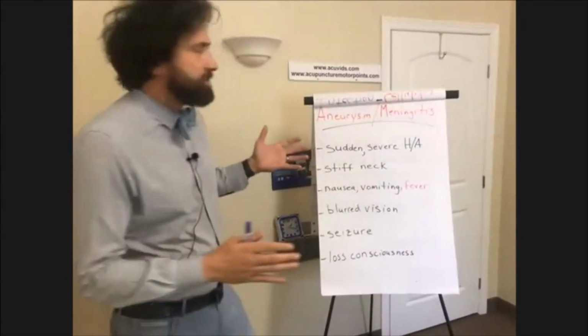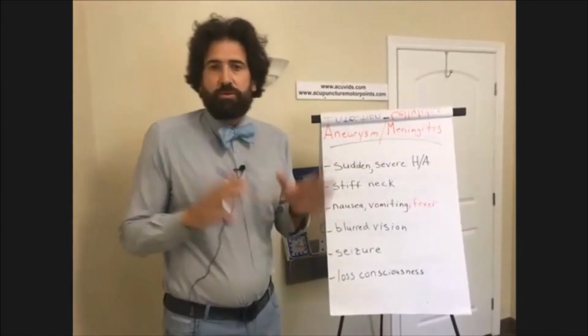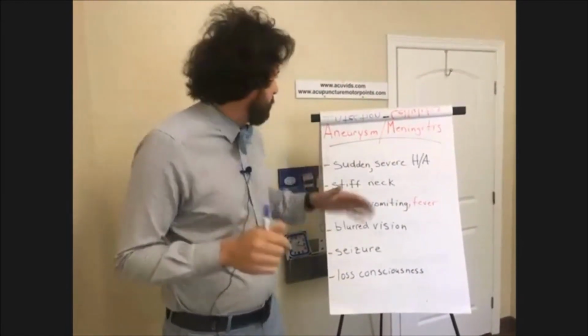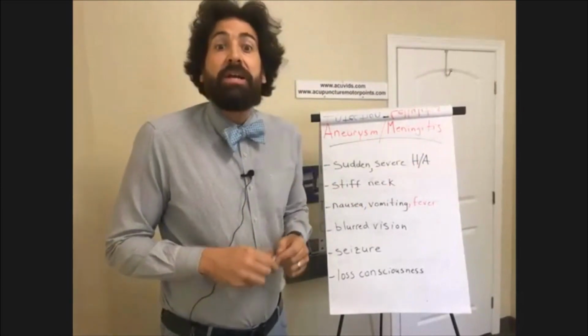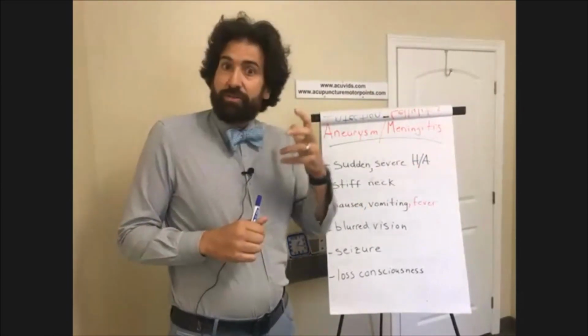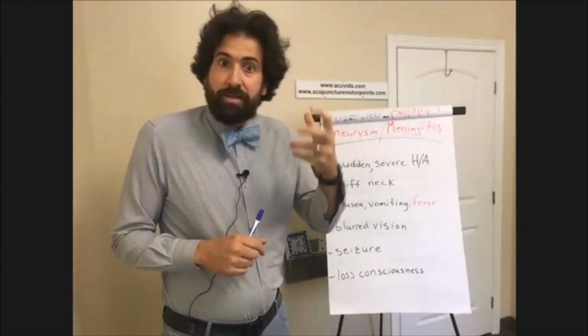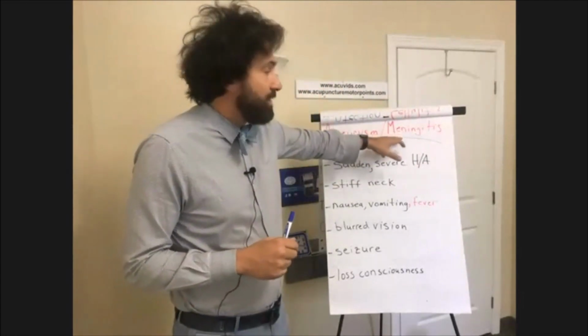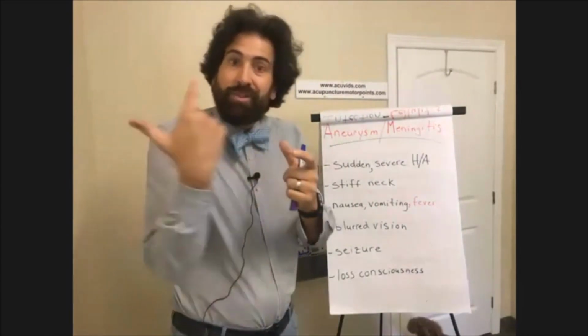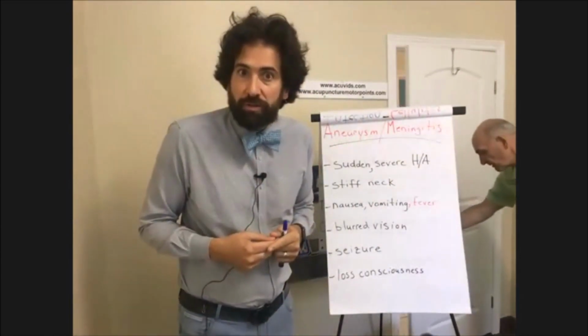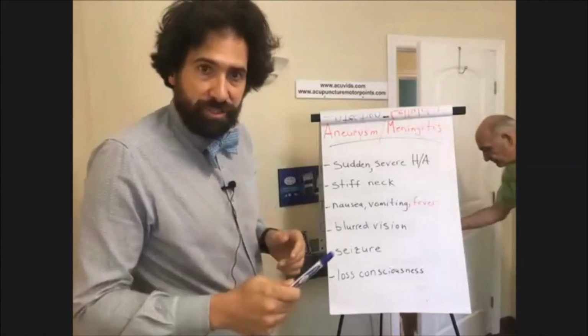So, aneurysm and meningitis. Again, we don't really need to know specifically what aneurysm and meningitis is. We have to recognize the symptoms. Aneurysm is a blood vessel that bursts in the brain. Meningitis is an acute inflammation of the nervous tissue that encases the spinal cord. Both are medical emergencies.